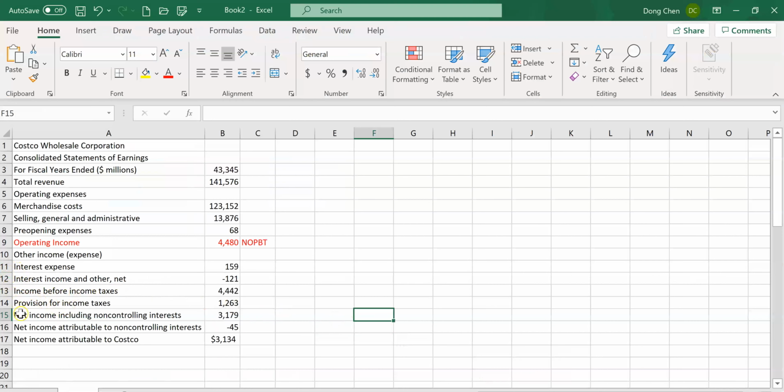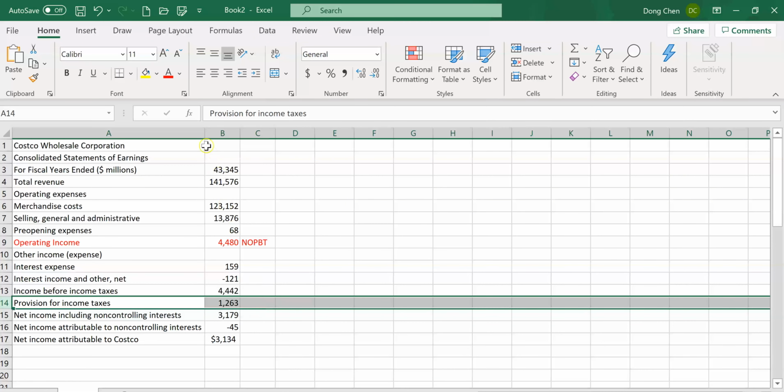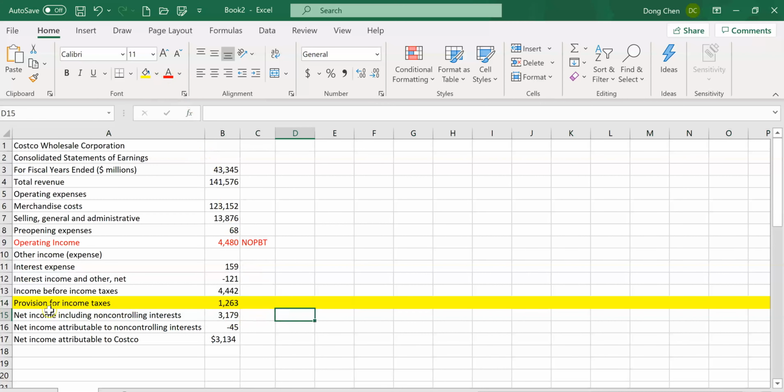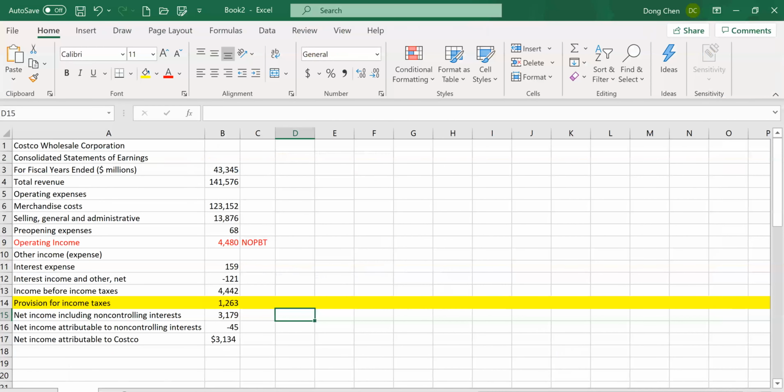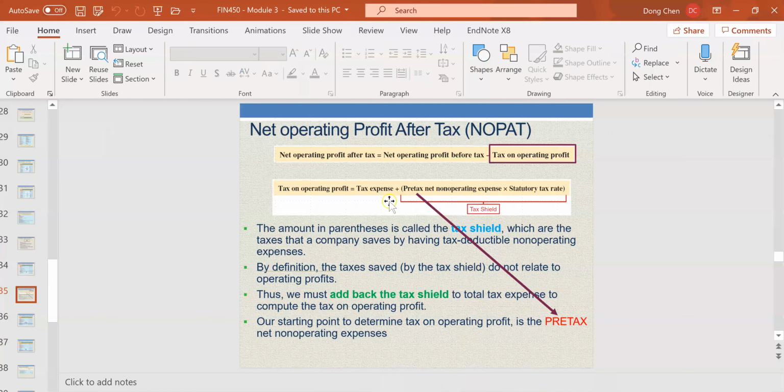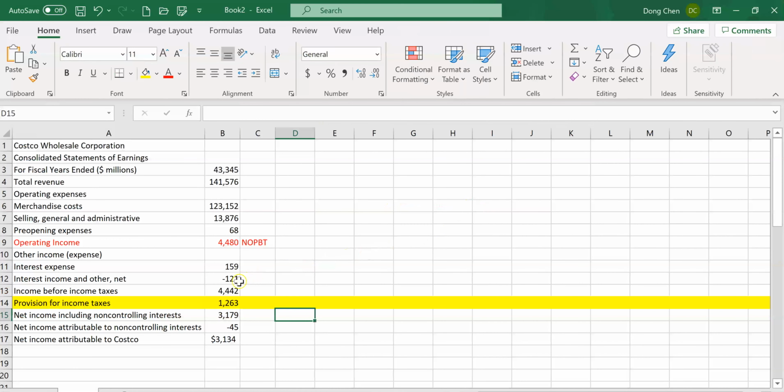Tax expense is the provision for income taxes. Let me mark this in yellow. We also need the pre-tax net non-operating expense, which is all the items below the operating income.